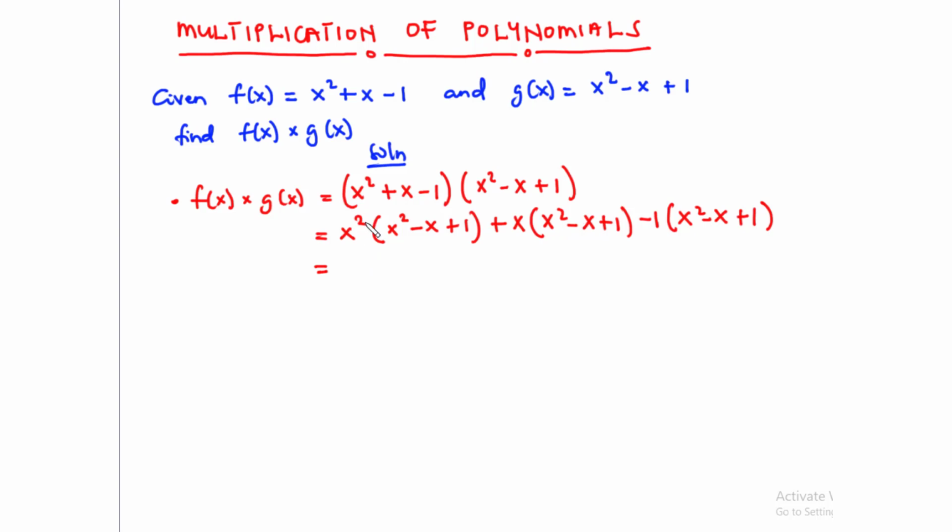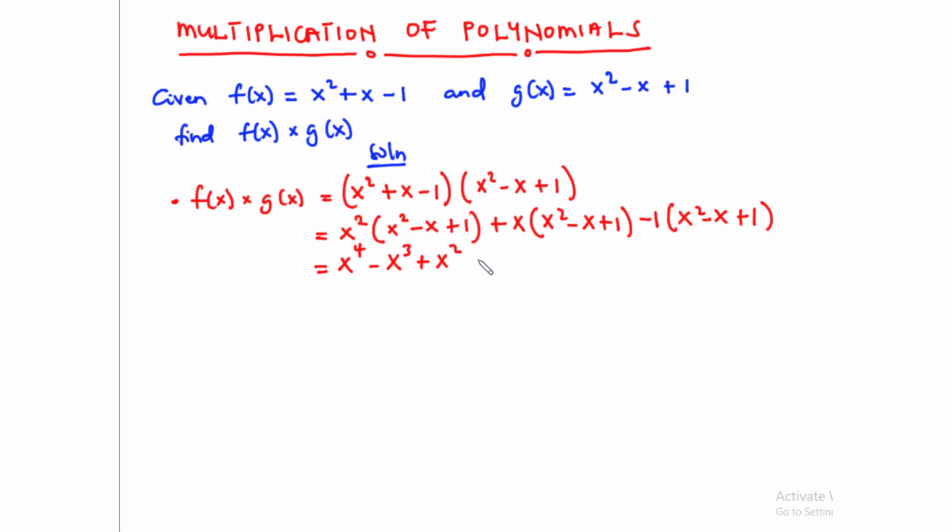Now let's multiply the various terms across. So we have x squared times x squared, which is x exponent 4. x squared times negative x is negative x cubed. x squared times 1 is x squared.